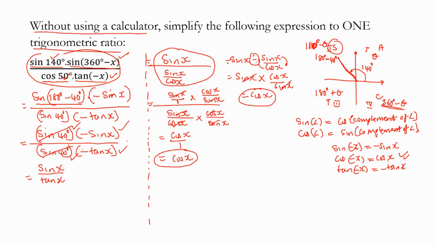So the marks are coming from the process. Okay, make sure that you know how to use the reduction formula, how to remember your negative angles, and remember your complementary angles. Okay, all right, we'll meet when you're doing question 5.2.